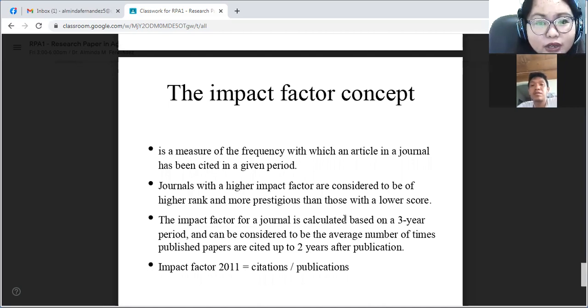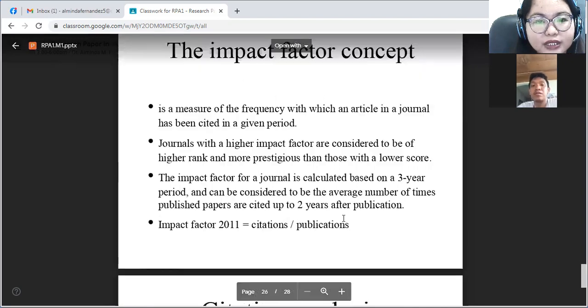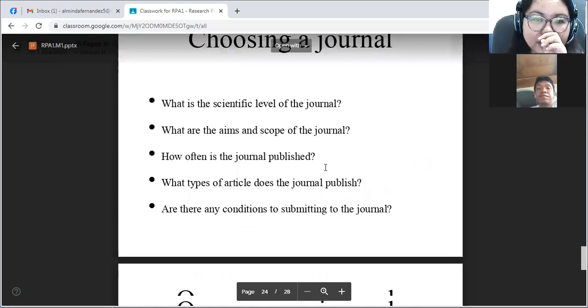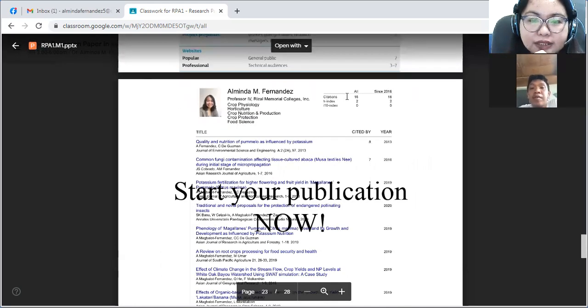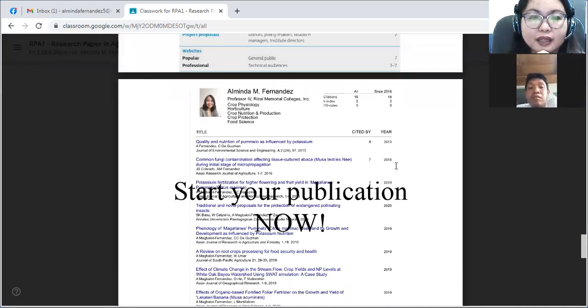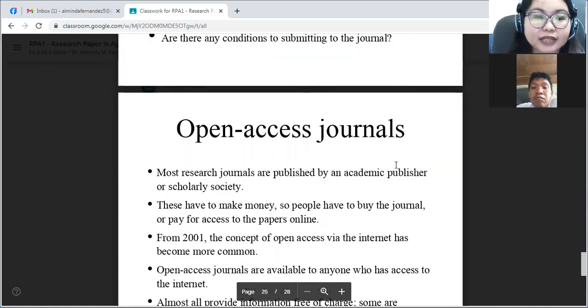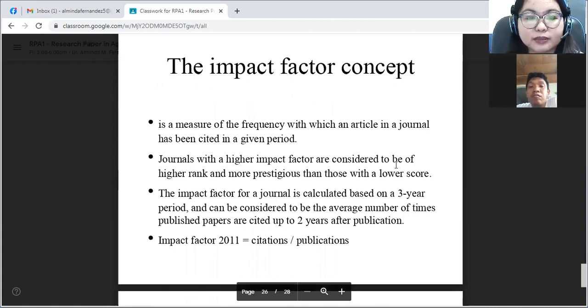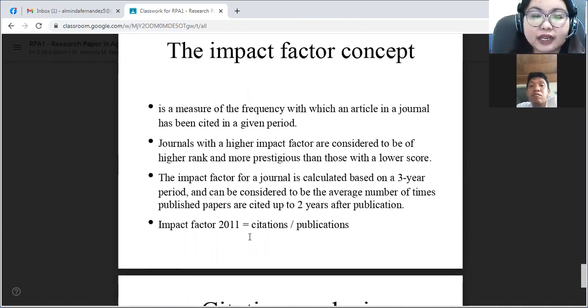So another thing you are going to take note of is the impact factor. How do we get the impact factor? This is the measure of the frequency with which an article has been cited. Like earlier in Google Scholar, I have here 16 citations, meaning 16 times your research output was used. There is a computation for that.